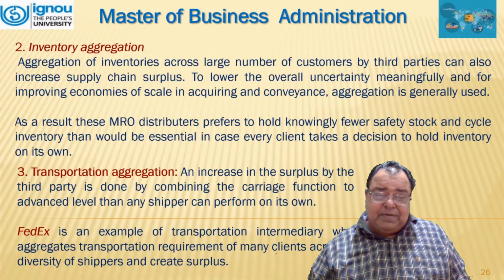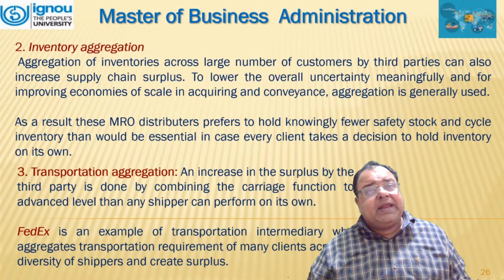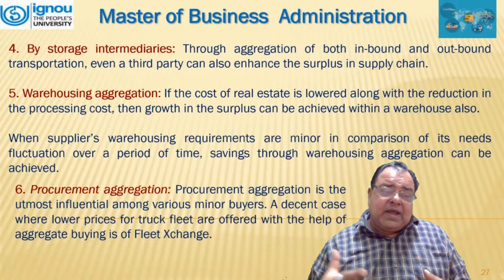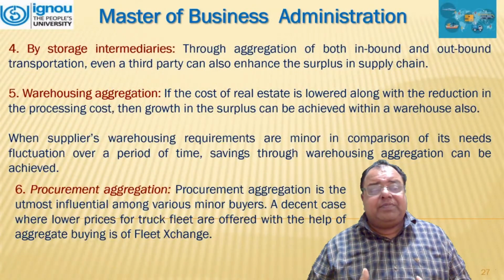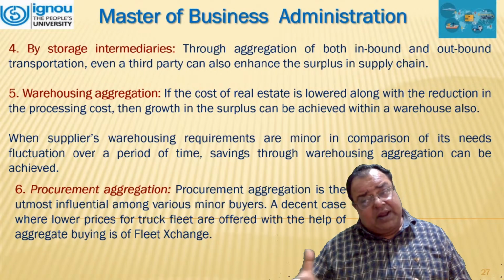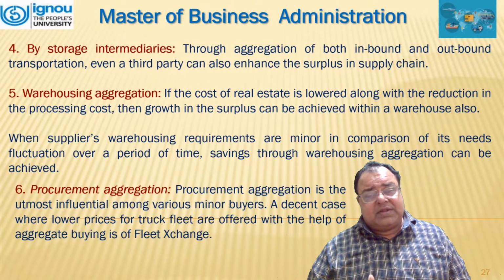FedEx is an example of a transportation intermediary who aggregates transportation requirements of many clients across a diversity of shippers and creates surplus. Fourth one is storage intermediaries. Through aggregation of both inbound and outbound transportation, even a third party can also enhance the surplus in the supply chain.